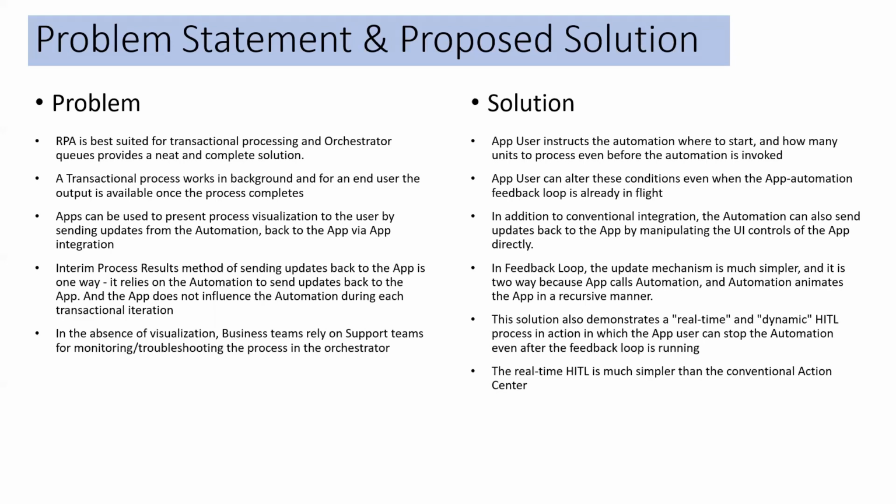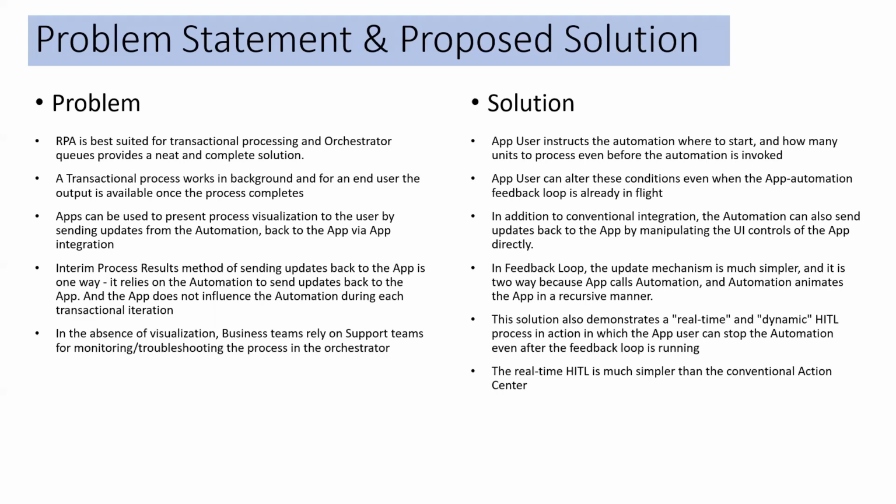So in the feedback loop, the update mechanism is very simple, but it is also two-way, right? If you look at UiPath apps, there is another concept called interim process results. What you do there is the app will call the automation, which will start the process, but the automation is the one in charge of sending updates back to the app, and the app will simply take the updates and update the UI, but it does not have the ability to control the automation.